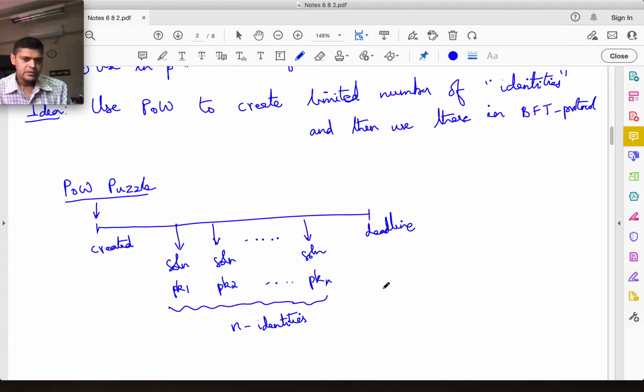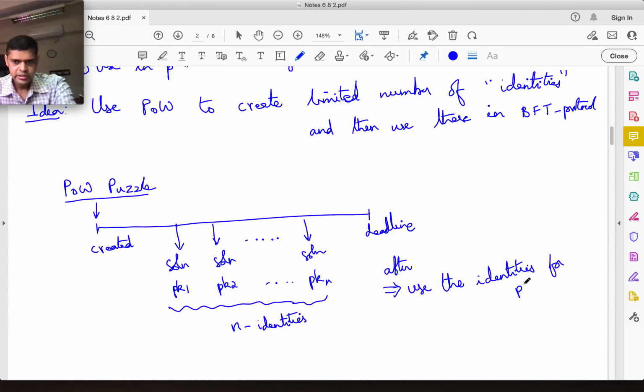So after this, after the deadline, we can use the identities for PBFT. I should say some BFT protocol. Okay, so it's a clever idea.